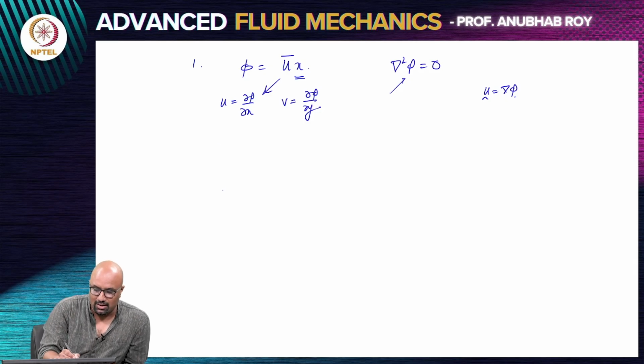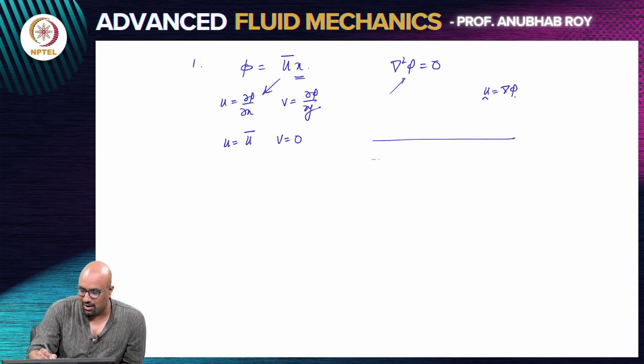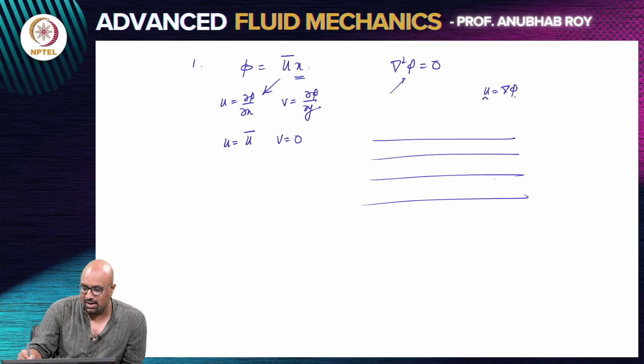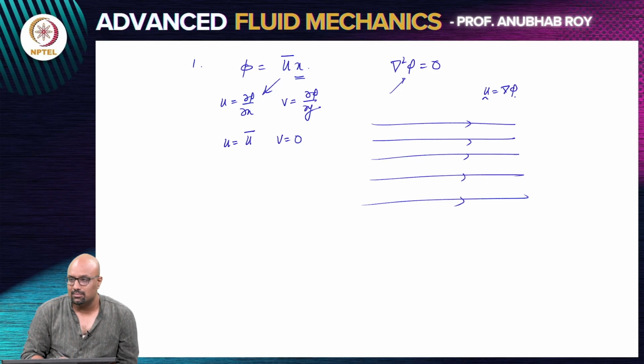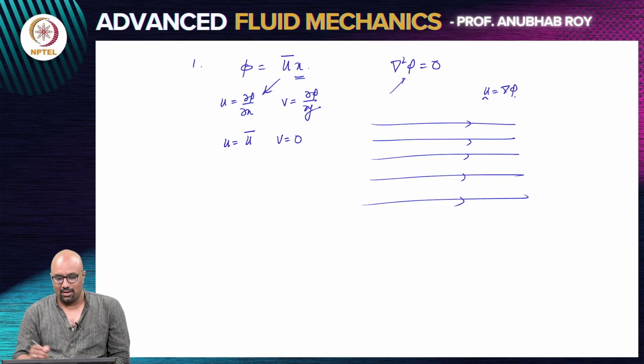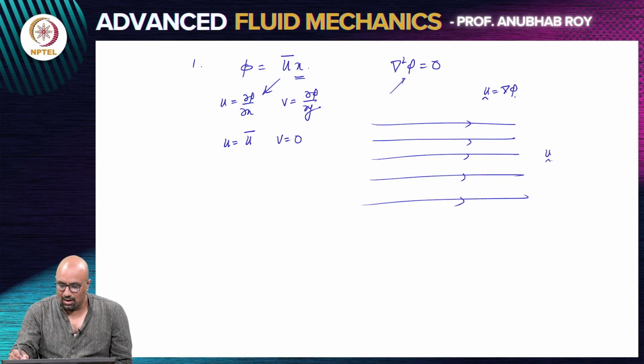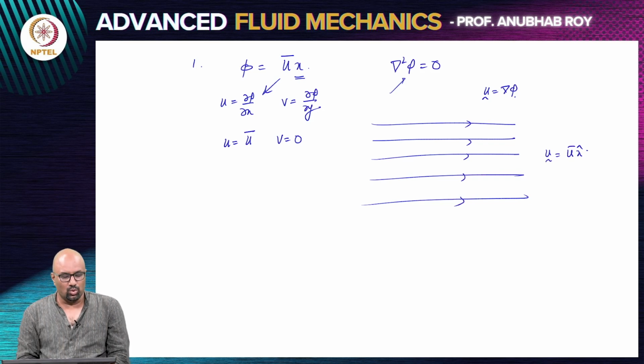Let us put a bar here to distinguish it: the x velocity is u bar and the y velocity is 0, which says that I have a velocity field which is a series of straight lines where you have a uniform flow. So, a uniform flow is a solution of Laplace equation.